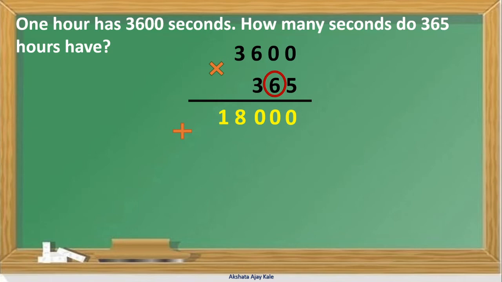Here first we will give 1 zero, because we are going to multiply by tens place, right? Now 6 zeros are 0, 6 zeros are 0, 6 6s are 36, 3 is carried over, then 6 3s are 18 plus 3, how much? 21, isn't it? Our work of 6 is also over.